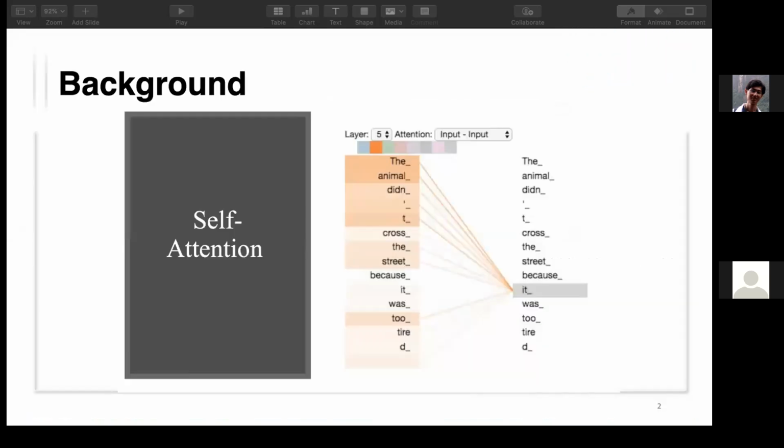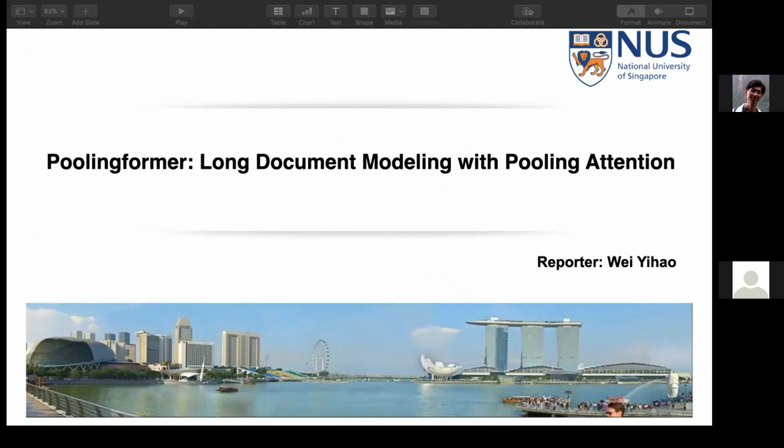So let me introduce some background before getting into the main content of the paper. This work is building on the transformer.